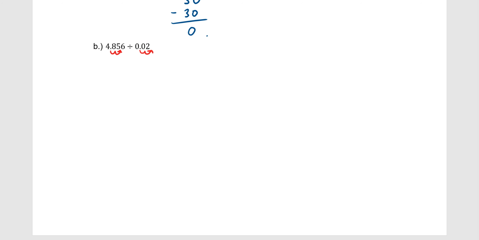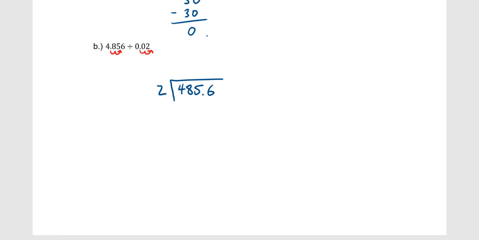So the dividend ends up being 485.6 divided by 2. So instead of 0.02, we made it a whole number, and now we're just dividing by 2. So essentially, this is like a fraction, 4.856 over 0.02, and we pretty much just multiplied the numerator and denominator by 100, moving the decimal place over 2 to the right for both of them.